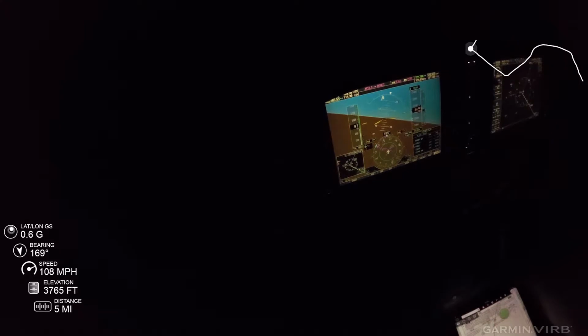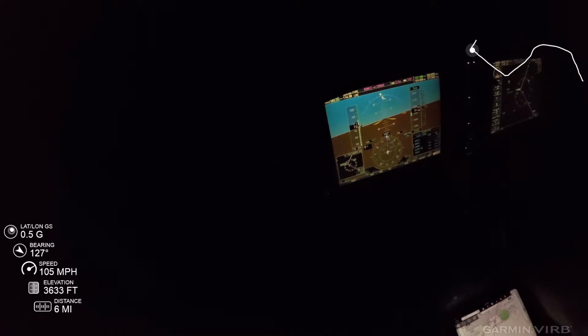About 1,700. Knots. 144. 35, pull off a little bit of power, hold 35, we go down to 27.